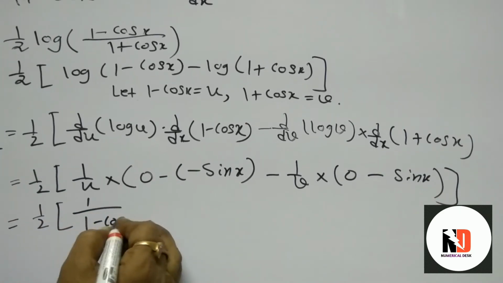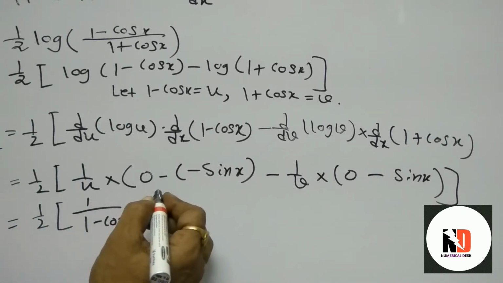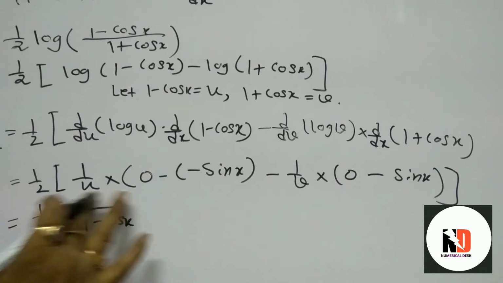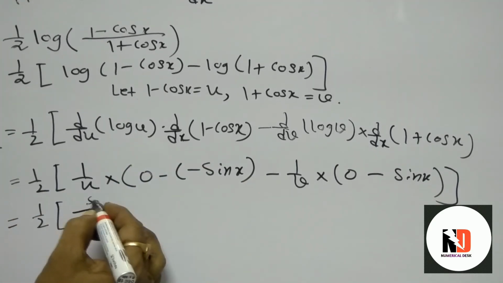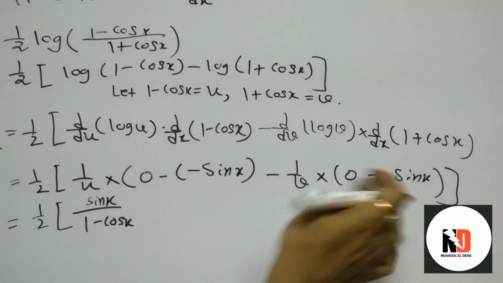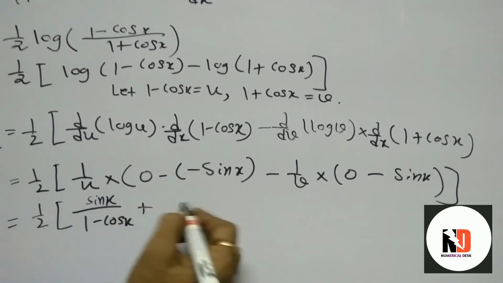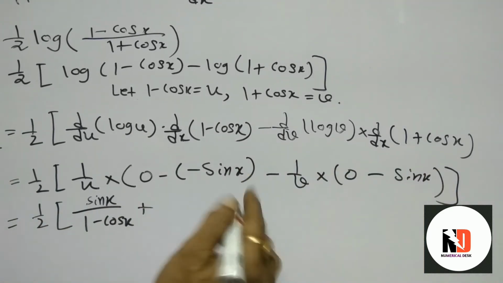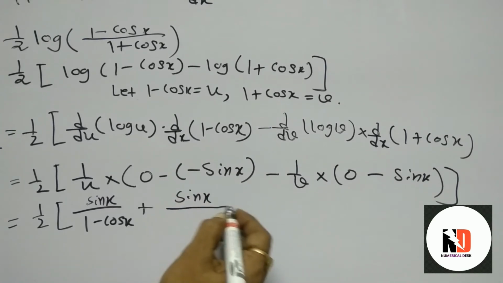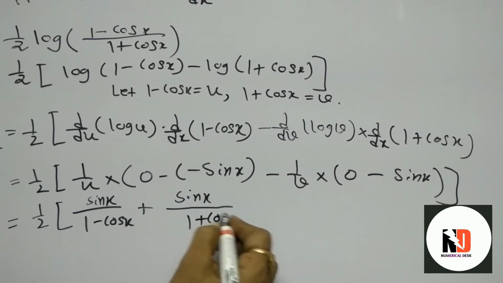So 1 by u, minus minus, into sin x, and it will again be minus minus, so this becomes plus in the main sign, and putting the value of v, sin x in the numerator by 1 plus cos x.